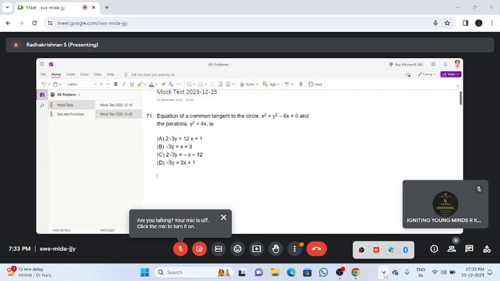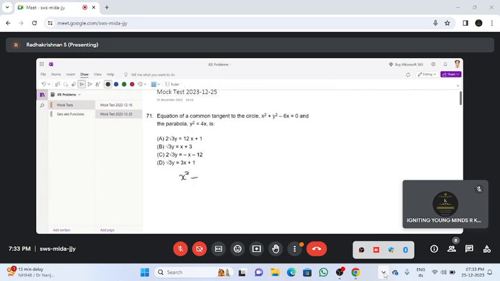See, first of all, let us look at the circle x square plus y square minus 6x equal to 0. From this equation, can you tell the radius and center of this circle?